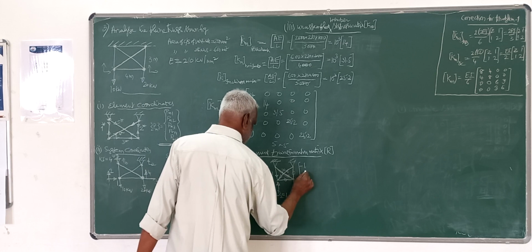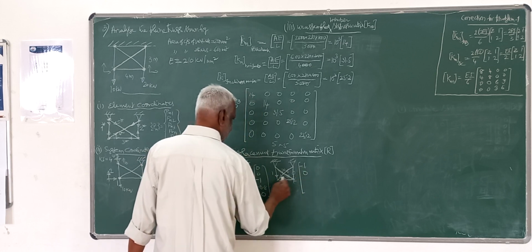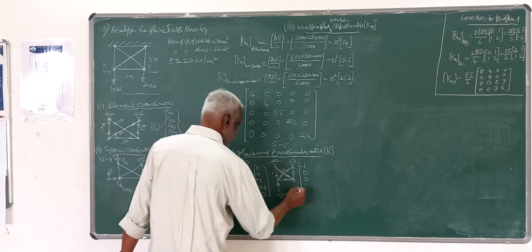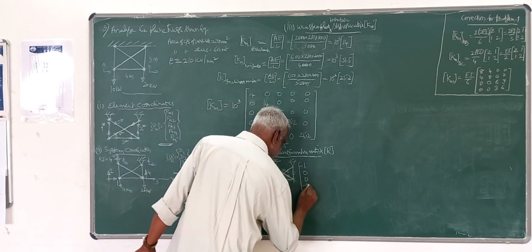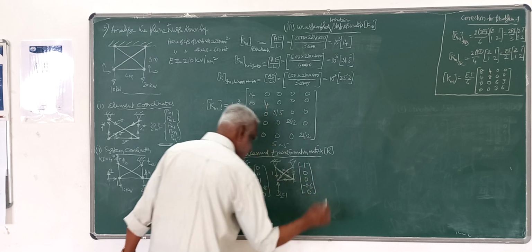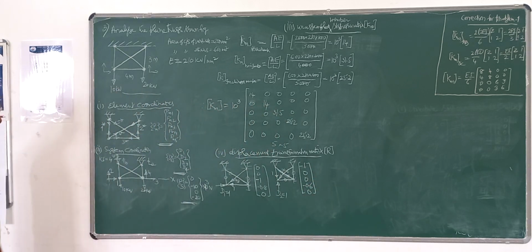Then member 2, it is 0. Member 3, 0. Member 4, it is -0.6. And member 5, it is 0. That is the element displacement, not force.